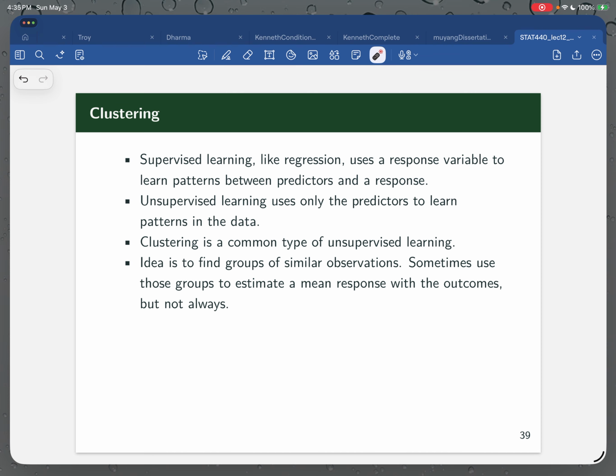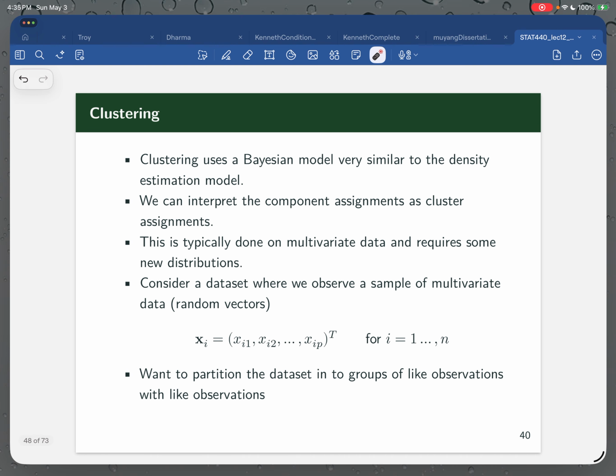And the idea, as it says here, is to group together similar observations. So if you think back to our cartoon before where I had all of the blue data points and I ended up drawing 4 different bumps to describe those data points, we went from unlabeled data, they were all blue, to being clustered into different groups by the mixture model. So that's the aim of what we're going to do here.